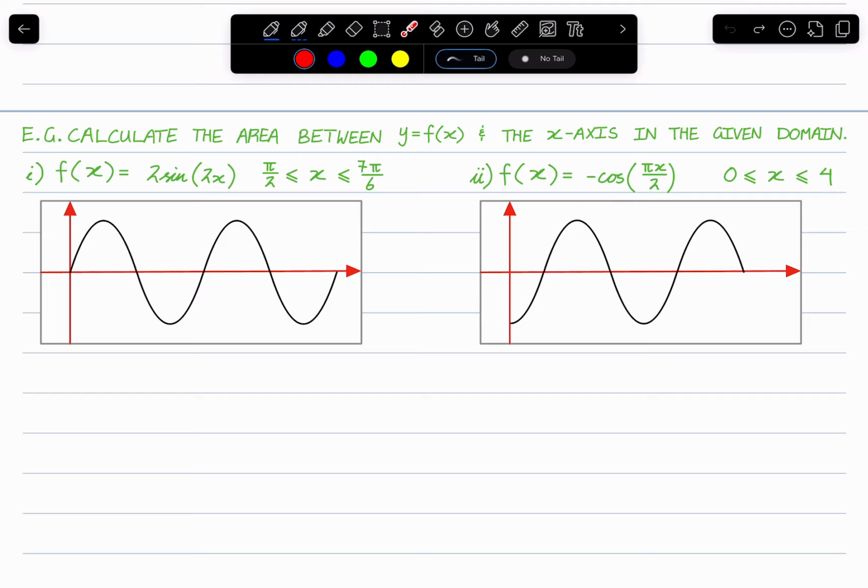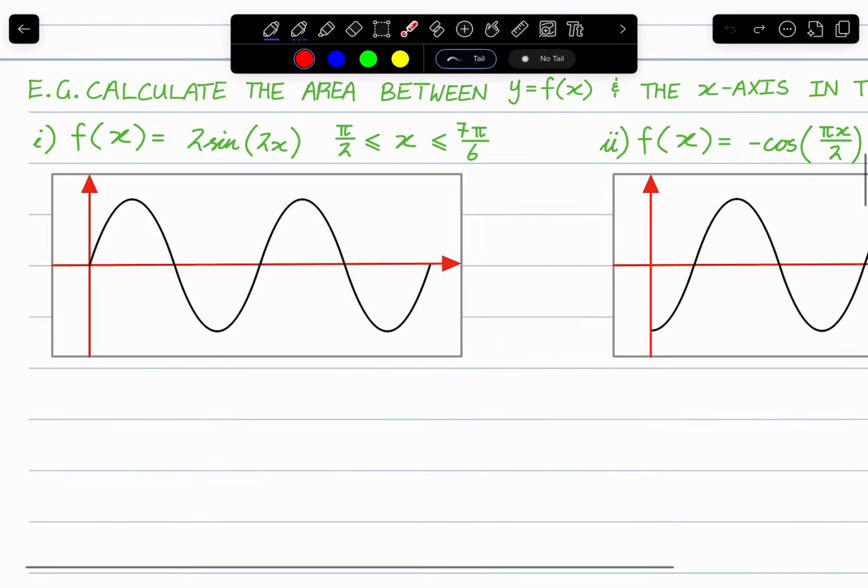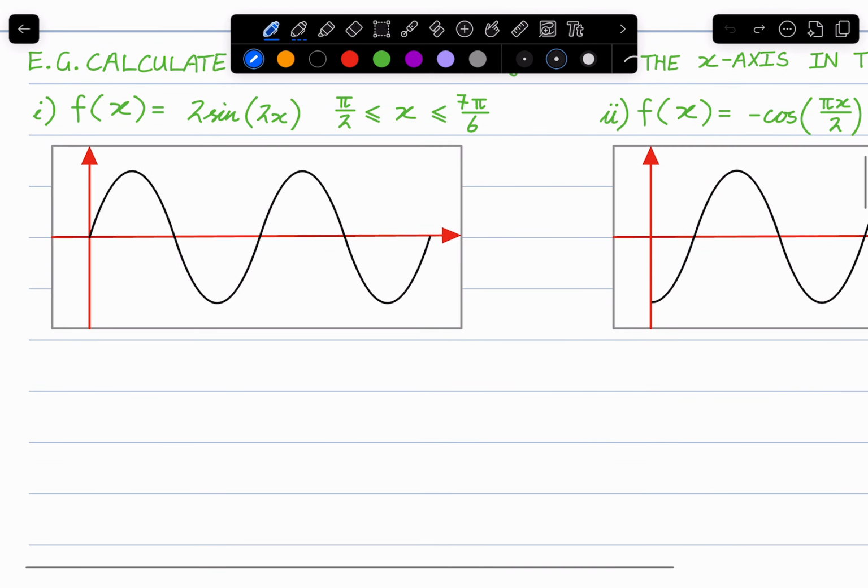Now, since we are finding the area between a function and the x-axis, as opposed to the definite integral, it is crucial that we know where to start and stop a new integral. So for this, we need to know what these x-intercepts are. We can easily find that just by first finding the period of this graph.